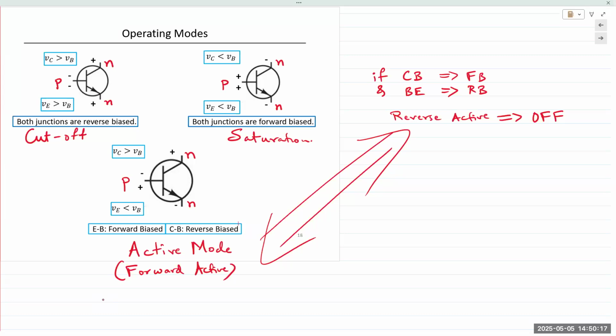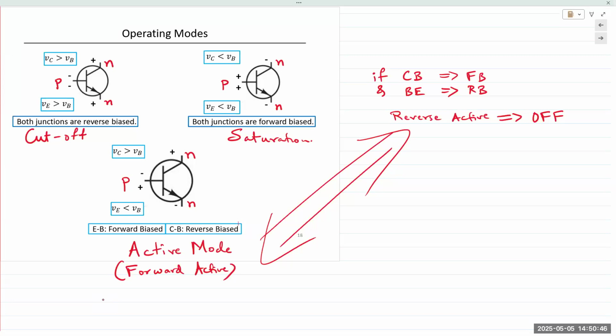Again, if the base emitter junction is not forward bias, then there are no charge carriers present in large numbers, so we can just state the transistor is essentially off. We can also say it's just cut off. That's the only mode of operation that would be valid.